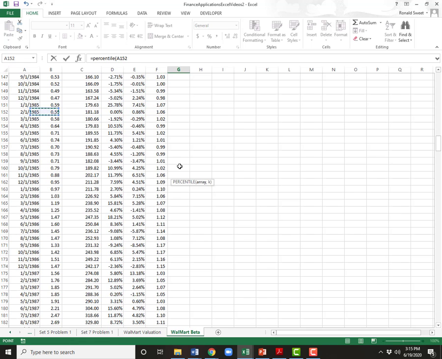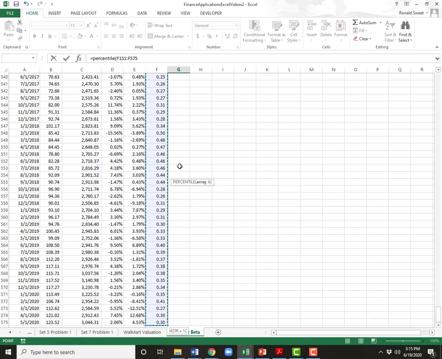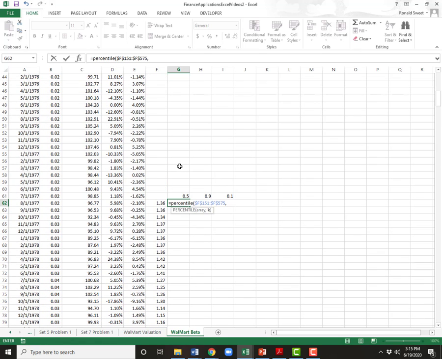You don't have to do this with your company, but I just want to. I'm going to hit F4 to lock it in and then do the 50 percentile. So this is actually the median, not for the entire period, but from 1985 only over. And so here's that entire period. Then I'm going to do equal that. And I'll copy those down.